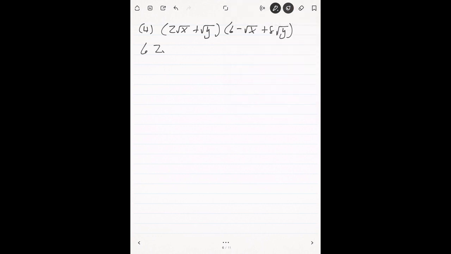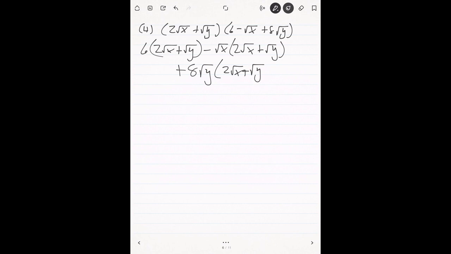We would end up with 6 times 2 root x plus root y, minus root x times 2 root x plus root y, plus 8 root y times 2 root x plus root y.